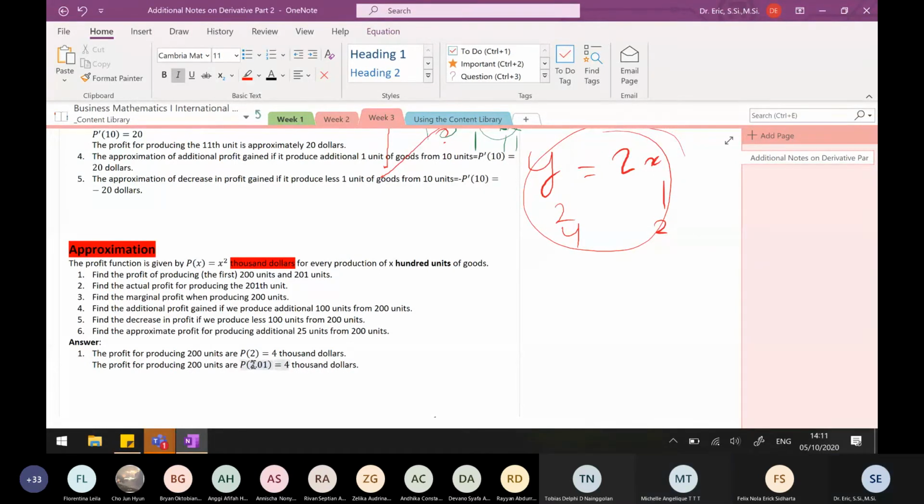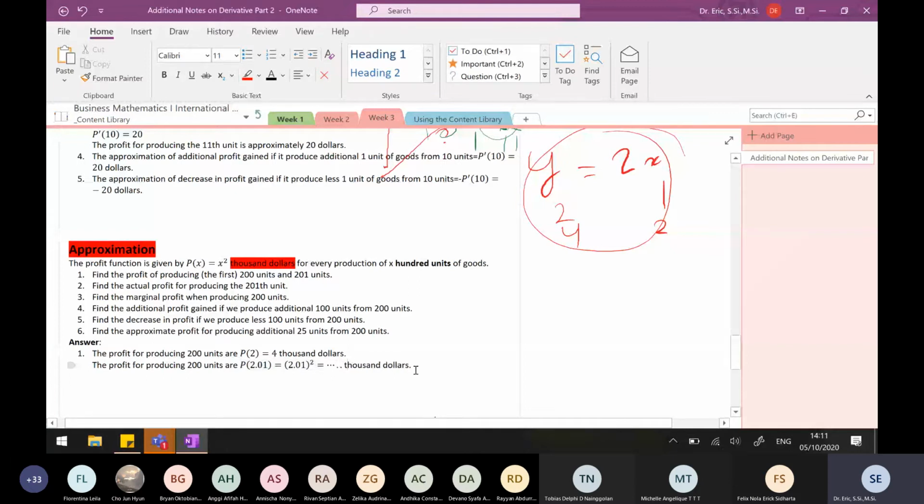Yes, because 2.01 times 100 is 201. So this is 2.01 squared. You can try to do this.